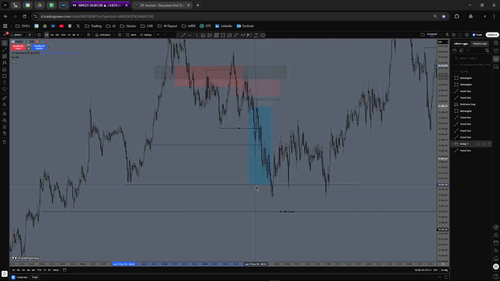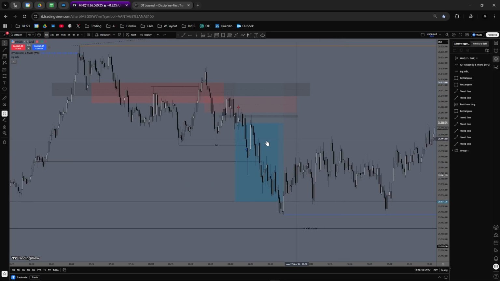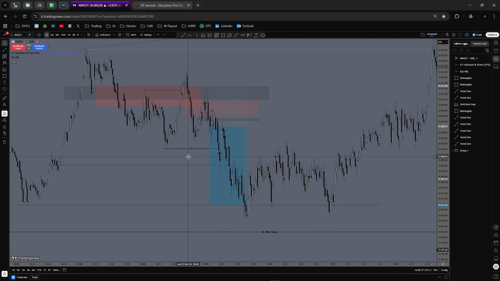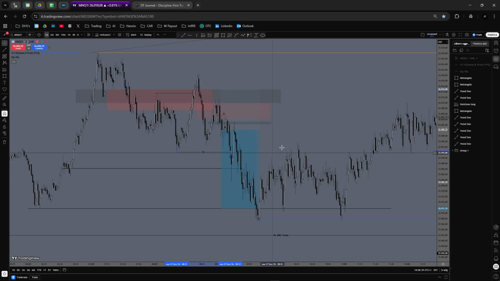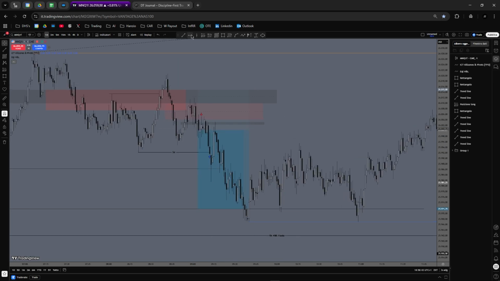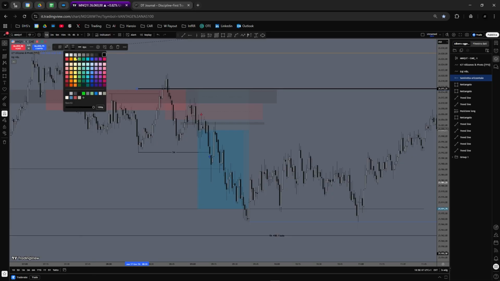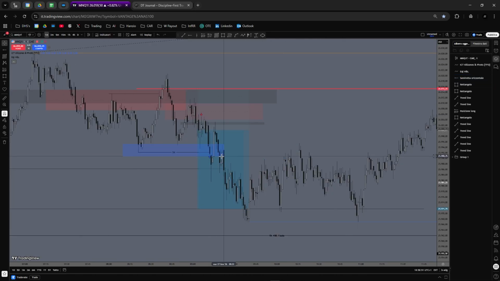But the only problem was, as soon as we hit the break-even point here, this was the internal structure. Let me put it at break-even. What I did was, from having my stop loss, let me make this the stop loss. As soon as the price hit this break-even point, I put my stop loss at break-even.